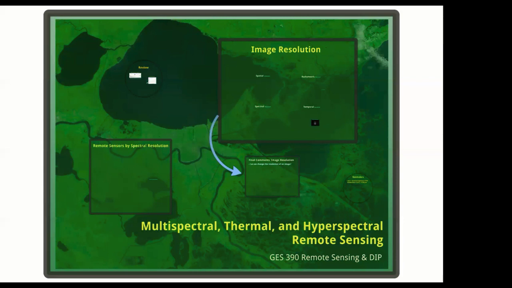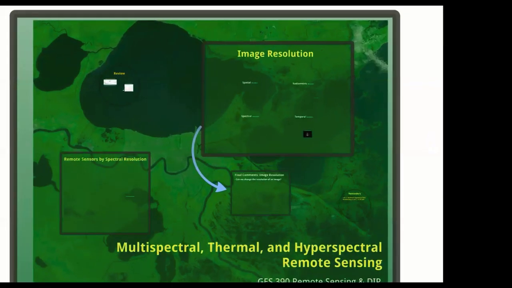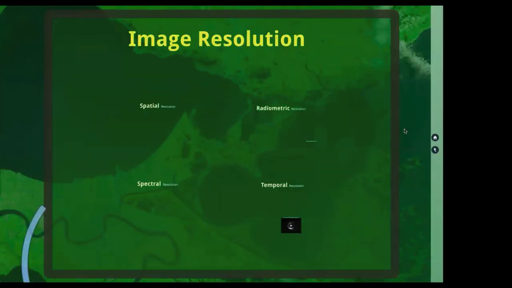Okay, so let's get started with image resolution. Like I mentioned earlier, there are 4 types of resolutions for image data: spatial, spectral, radiometric, and temporal. I will give you examples, and we'll go over each. Among the 4 concepts, you should find some of them really familiar.